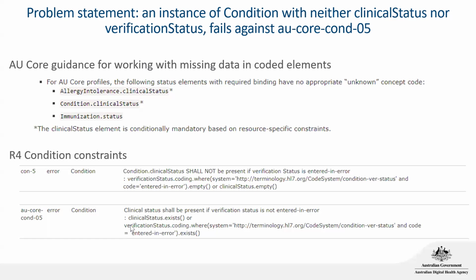One has the positive assertion about having clinical status if verification status is not entered in error, and the other works the other way, that clinical status shall not be present if verification status is entered in error. But both of these, again, don't consider the case where verification status is empty. And the next slide, please.